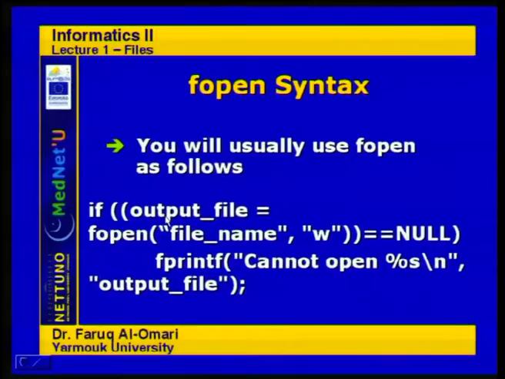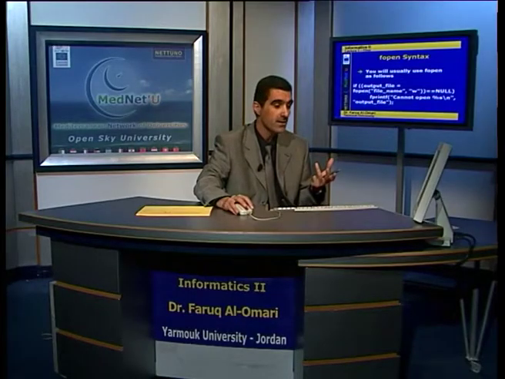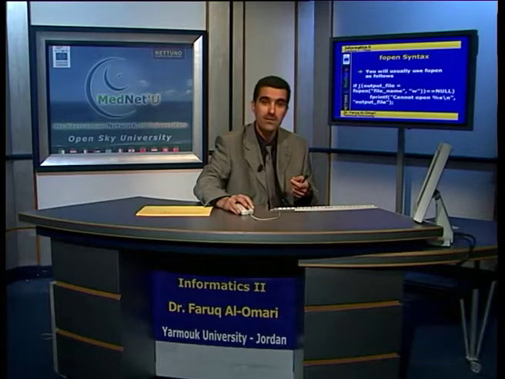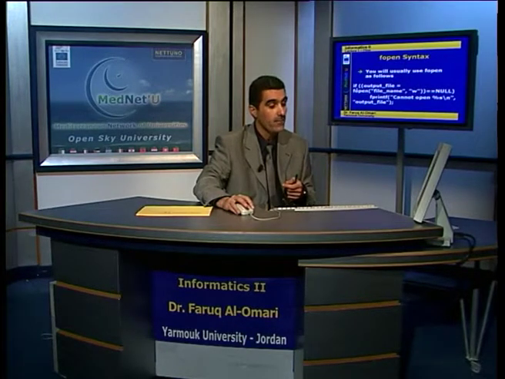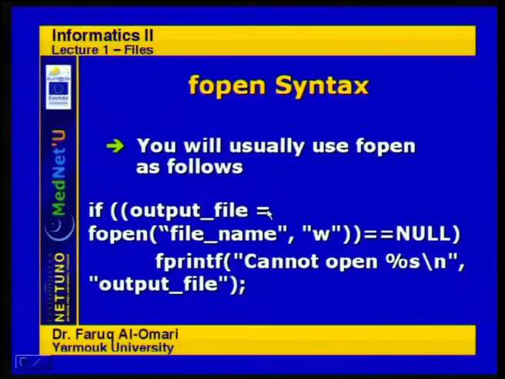Usually, instead of just saying fopen the file and so forth, I want to make sure that we're opening the file correctly. And how to do that? Simply, we're going to use an if statement, which we know from the C language. So I say something like if output file equals fopen W for writing equals to NULL.